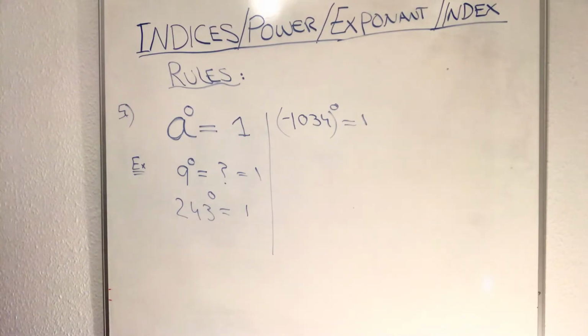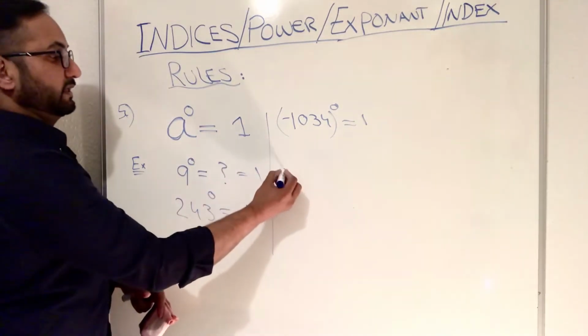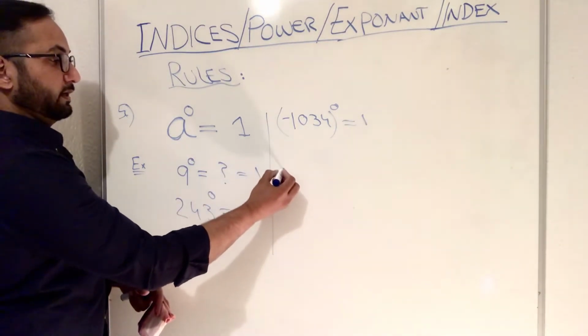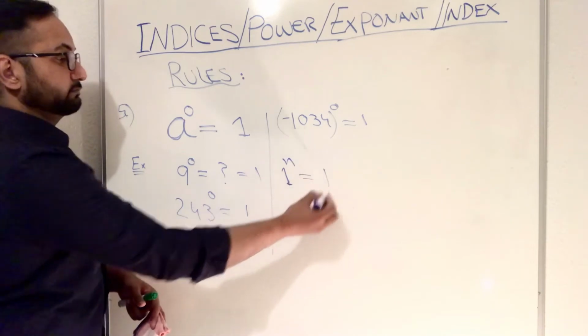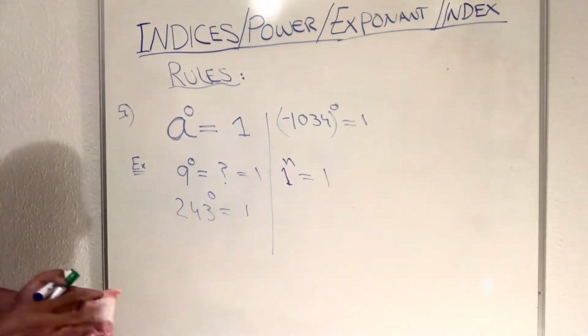The next one: as you know, 1 with any power gives you 1. Obviously 1 power anything gives you 1.